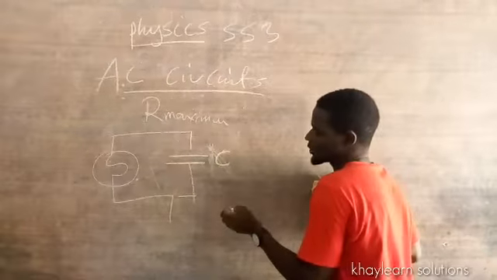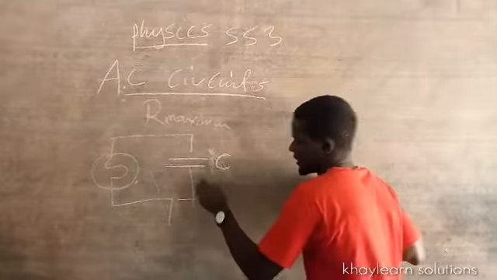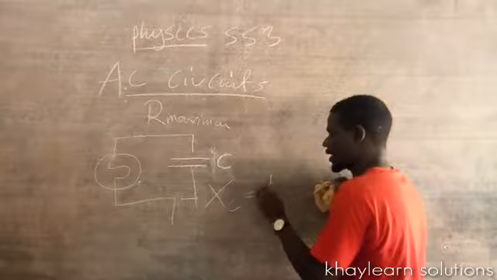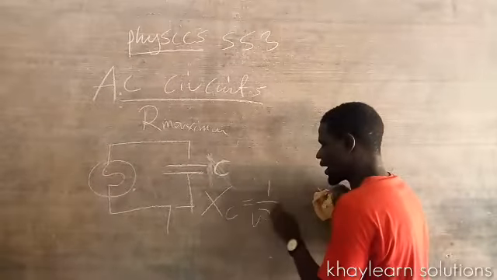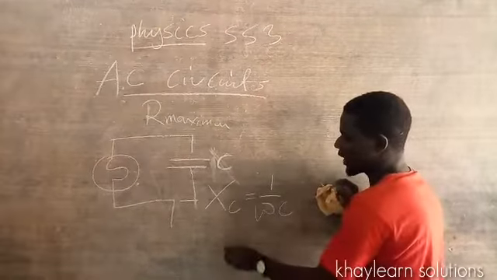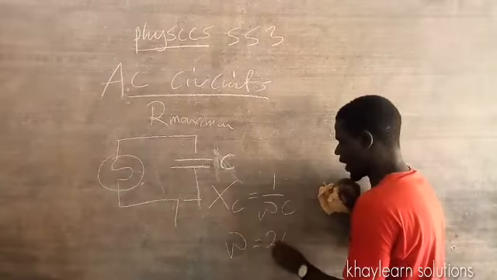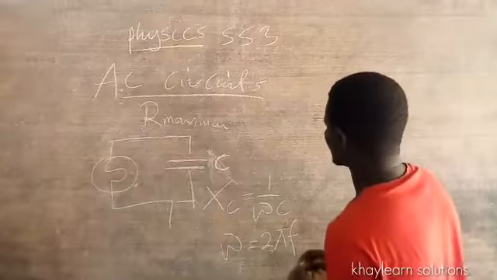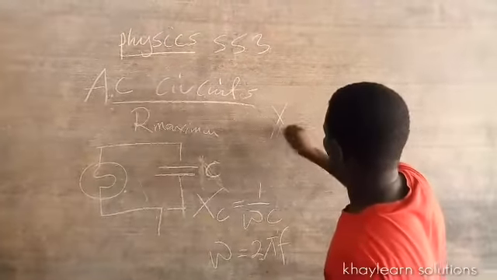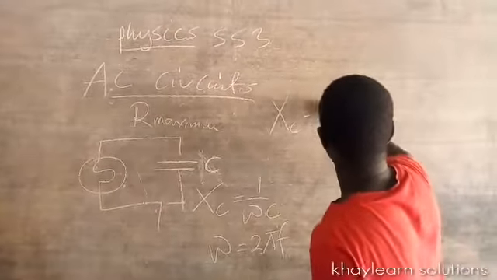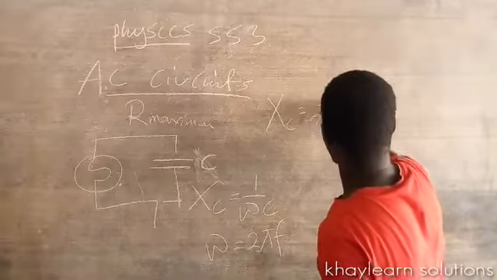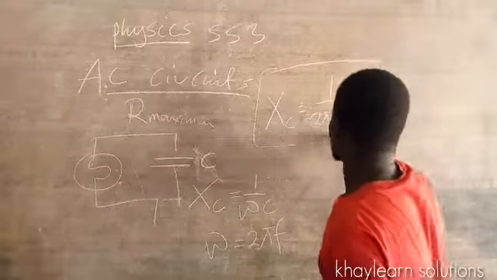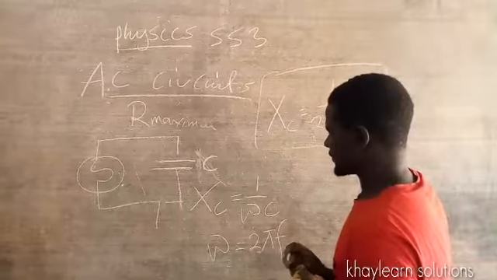But in this case, we have what is called capacitive reactance, and the capacitive reactance is X subscript C equals 1 over omega C, and this omega is the same thing as 2 pi F. Substituting omega with 2 pi F, you will have the capacitive reactance as 1 over 2 pi F C. This is the formula for calculating capacitive reactance.